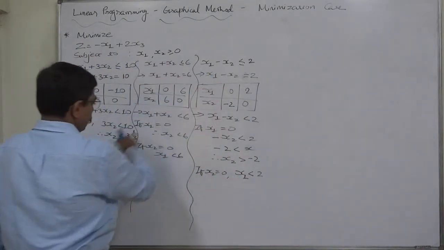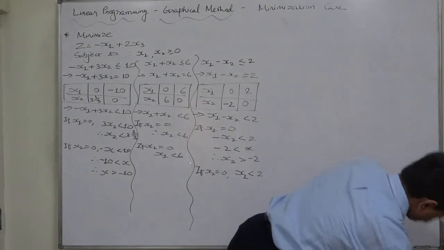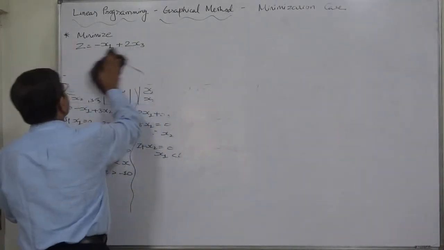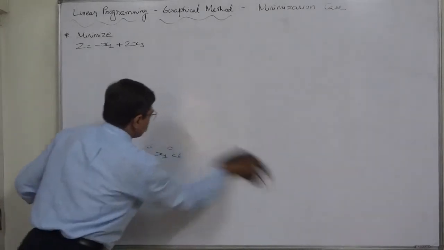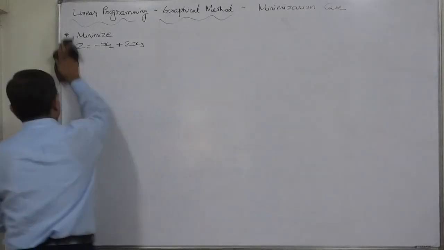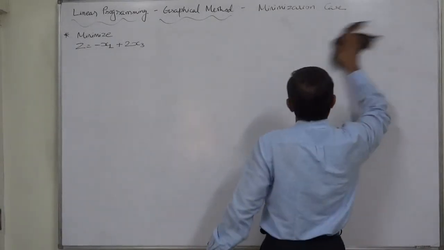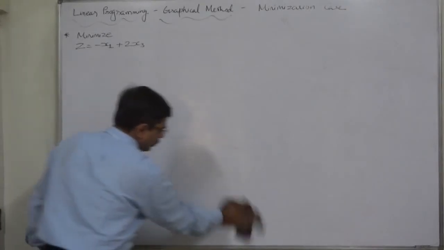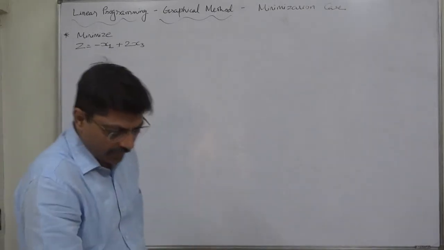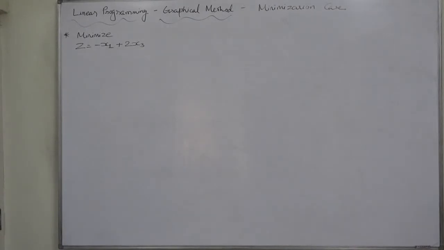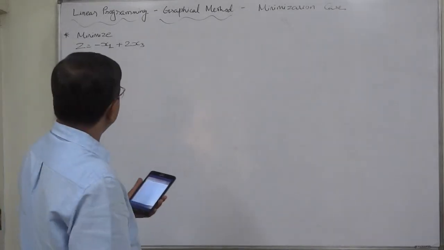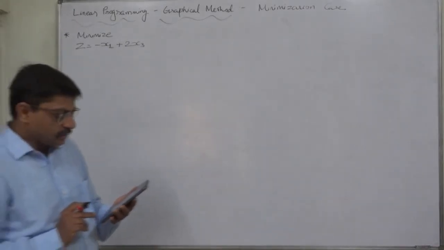I'm going to rub all of these. We are going to take the scale of 1.2 centimeter equals to 1 unit, because there is a fractional value 3 and 1/3 in case of x2.